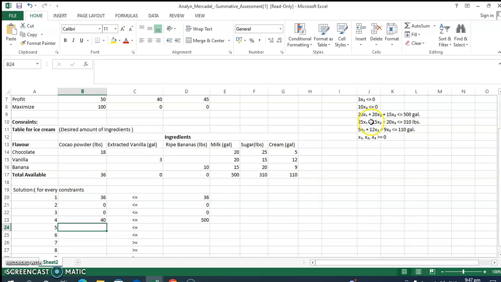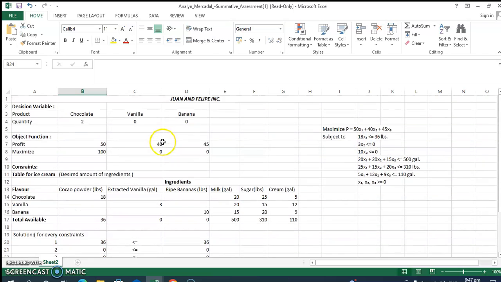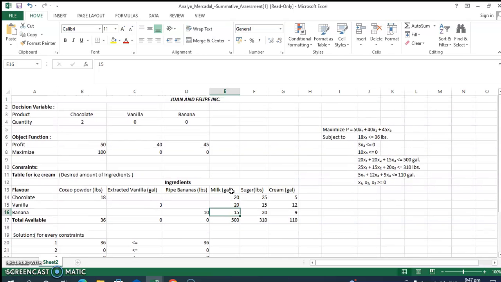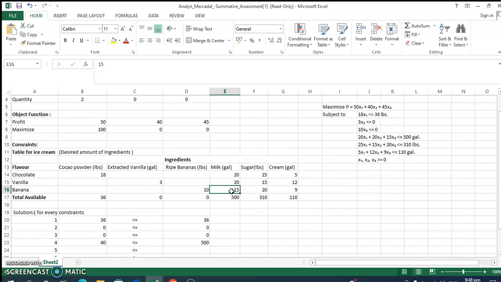Okay, 3. So 20 times x sub 2, so 0. So 0 again. Plus 15 for the banana, times 0 is equal to 0. So it's only chocolate that has stock.